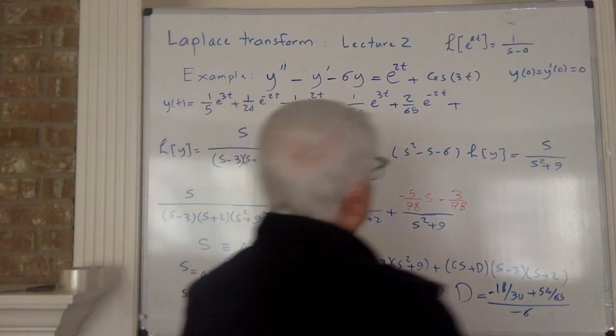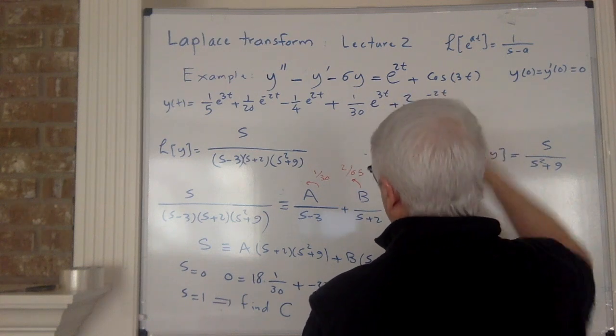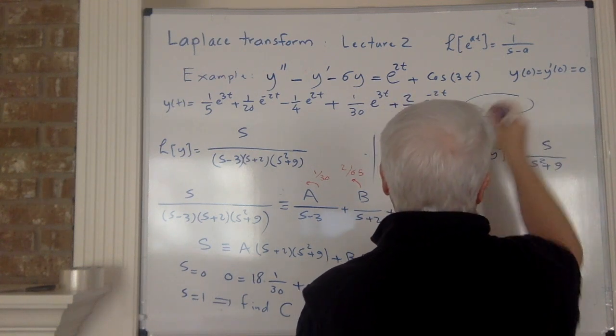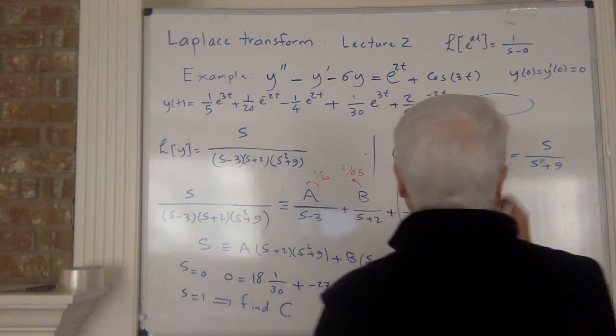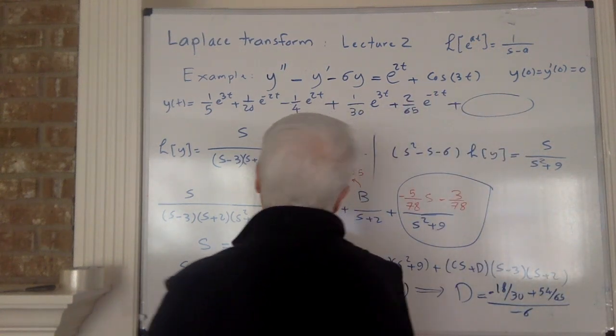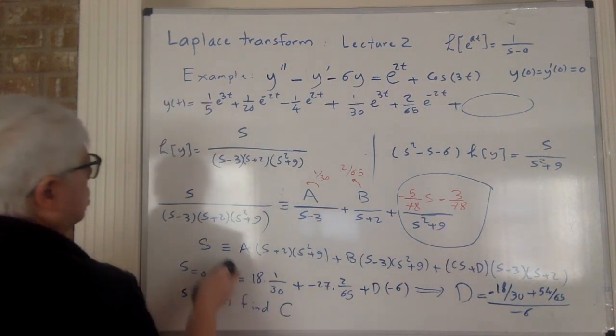Okay, so these ones are okay. But what would happen to this one? What is the L inverse of this? So let me erase everything and try to find the L inverse of that for you.